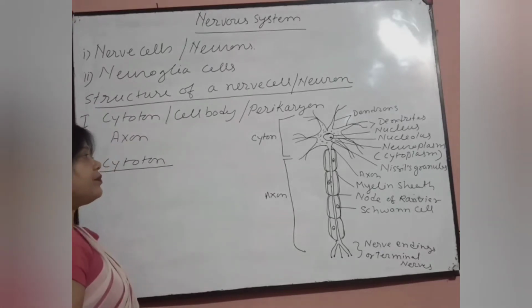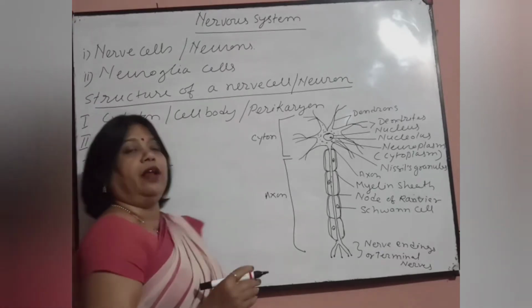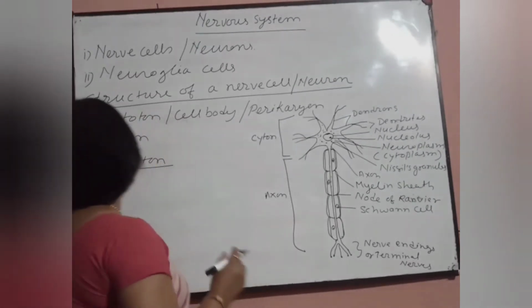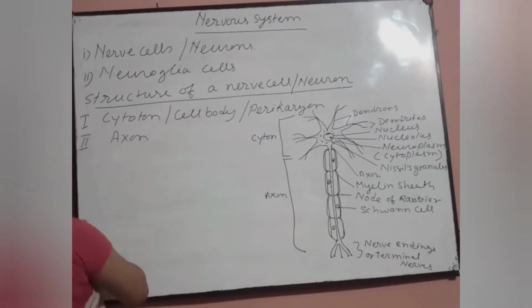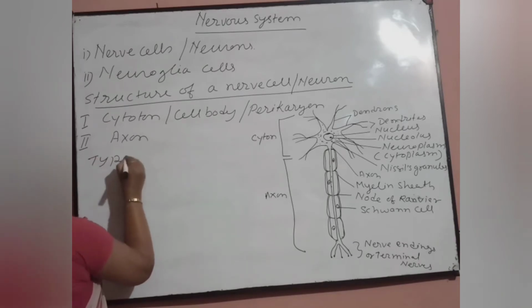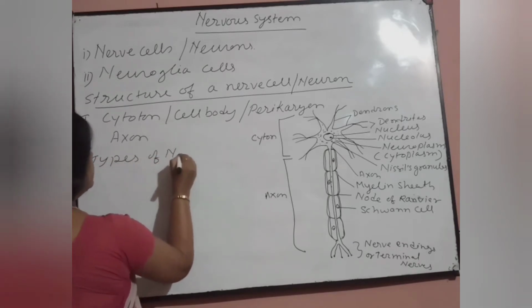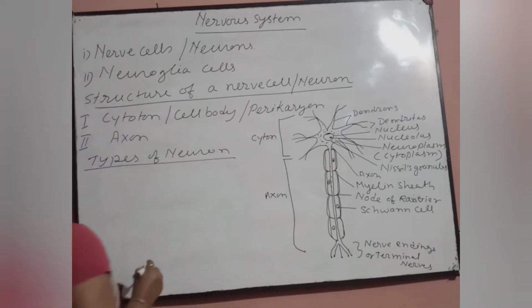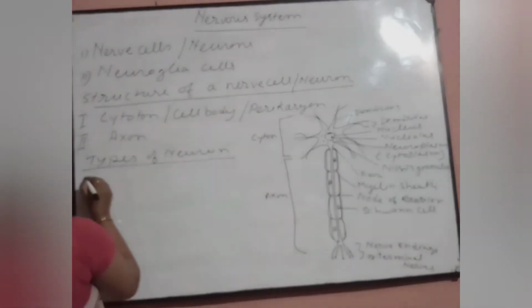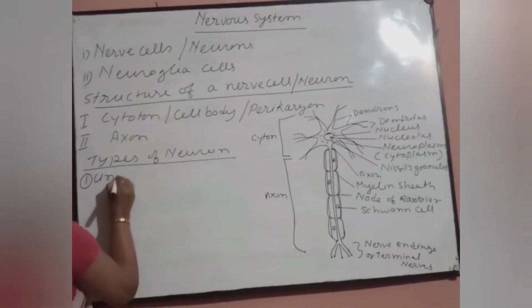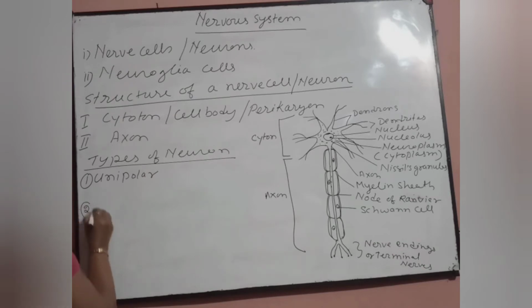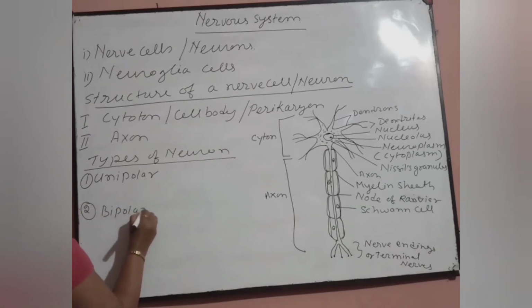Now, there are three types of neurons. First is unipolar.